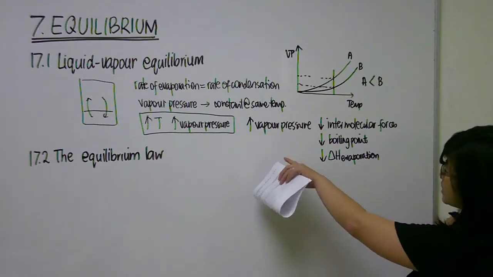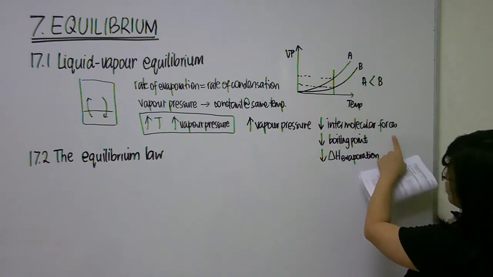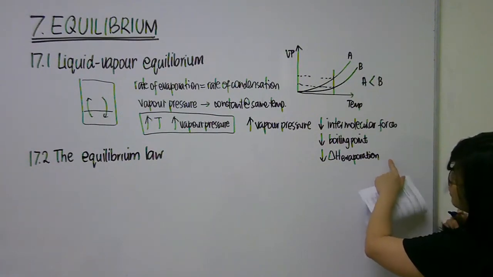So these are the relationships between vapor pressure and intermolecular forces, boiling point, and enthalpy change of evaporation.